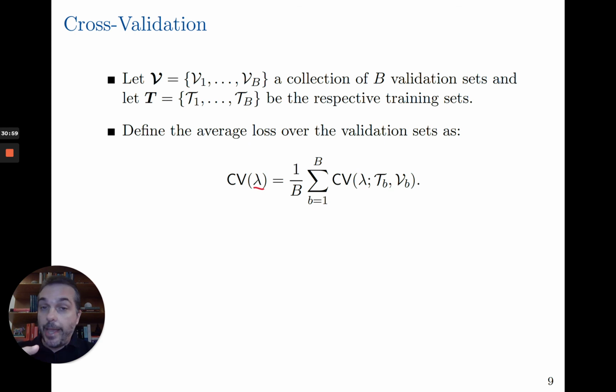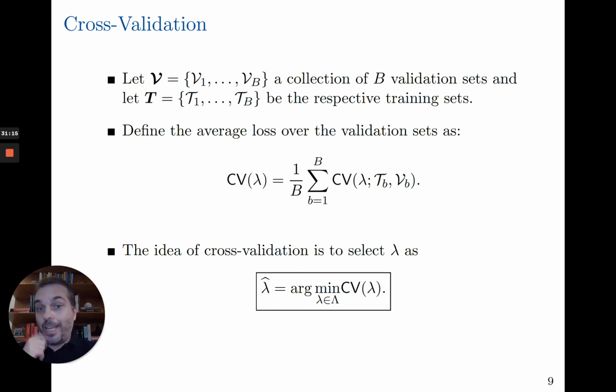So we can have one average cross-validation squared error, or cross-validation cost, for each value of lambda in our grid. So the idea is very simple: which lambda should we pick? Well, the one that minimizes the average cross-validation cost. Simple as that. Okay? Intensive, but simple to implement.